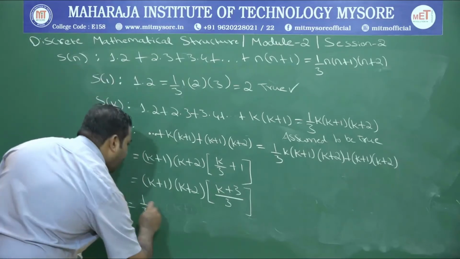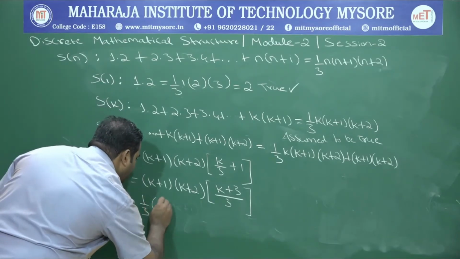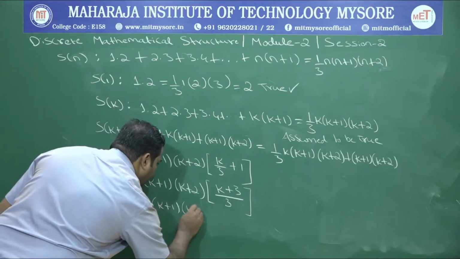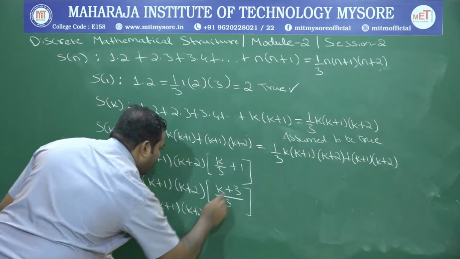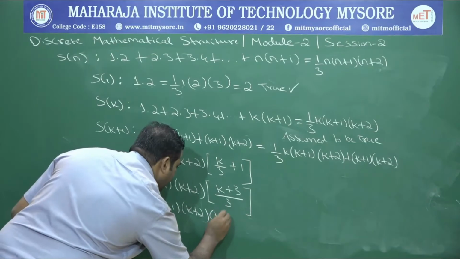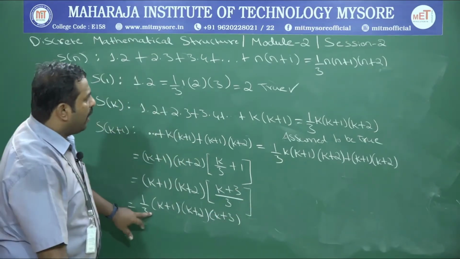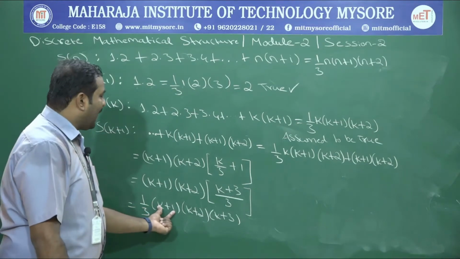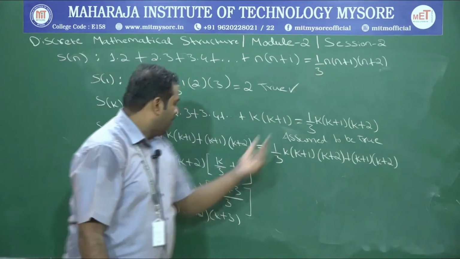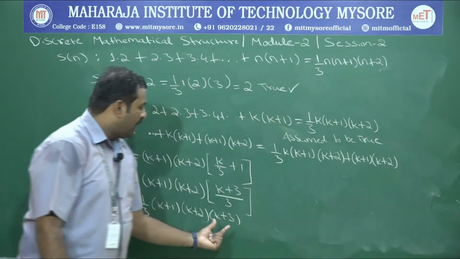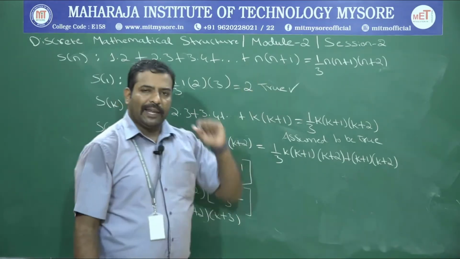So now just taking 1 by 3, because everything is multiplied, so just take 1 by 3 over here, and I am going to have k plus 1 the first part, k plus 2 the second part and k plus 3 the third part. Hence, now whenever I have the statement, this k plus 1 is replaced with n, and k plus 2 is replaced with n plus 1, and k plus 3 is replaced with n plus 2.